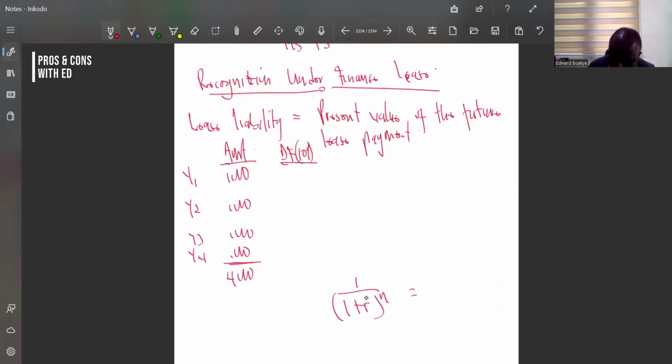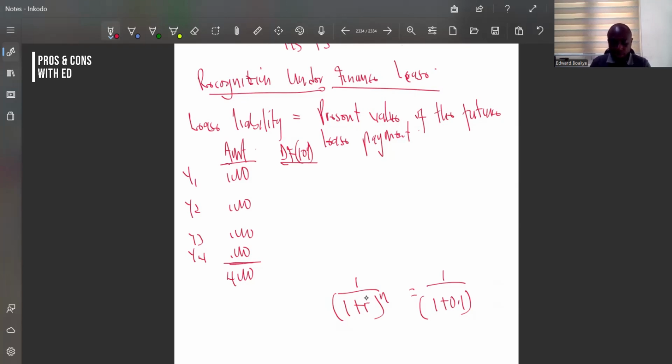So here we get 1 over 1 plus 0.1 raised to the power of N, and N represents period 1, period 2, period 3, period 4. Period 1 is just 1, period 2 you raise to the power of 2, and so on.